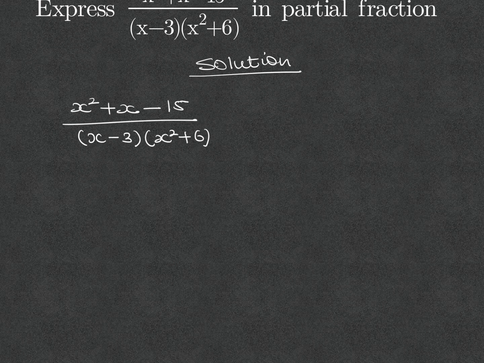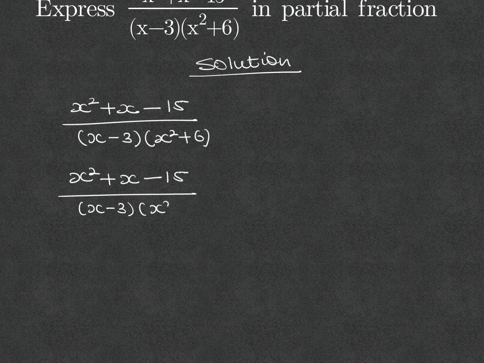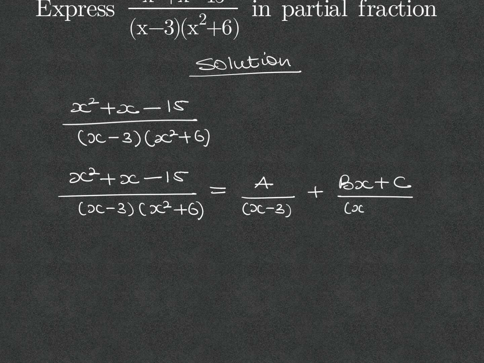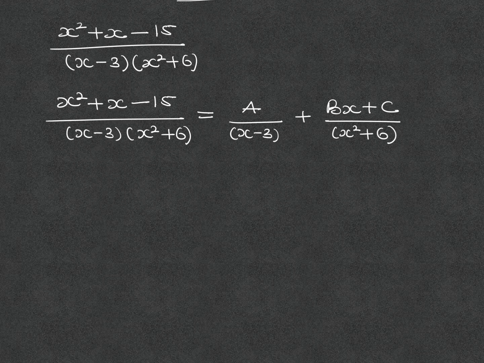So this is equal to a all over x minus 3 plus bx plus c all over x squared plus 6. Then what do we have next?